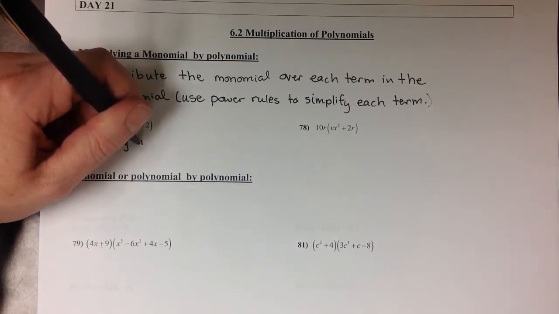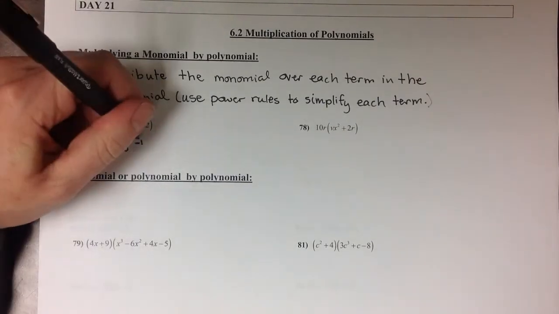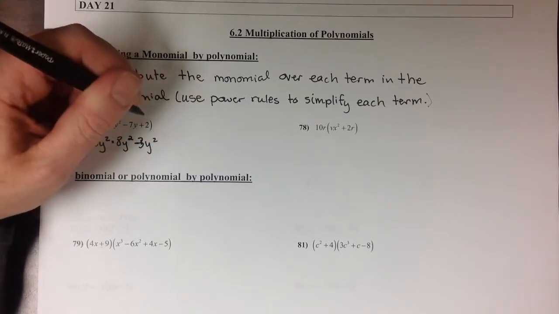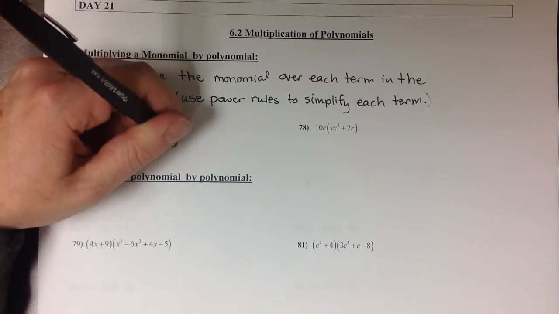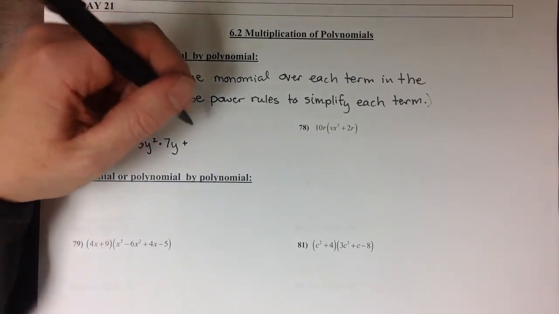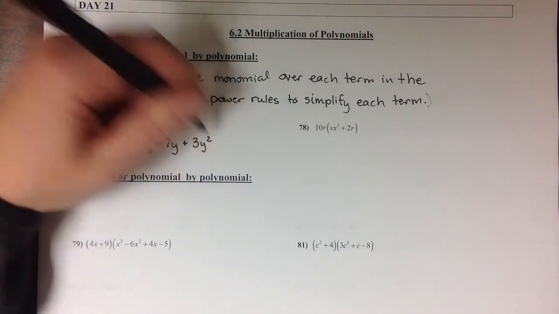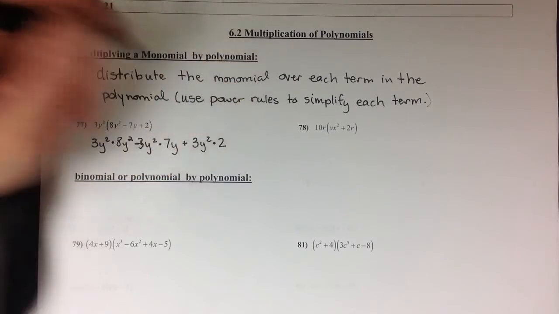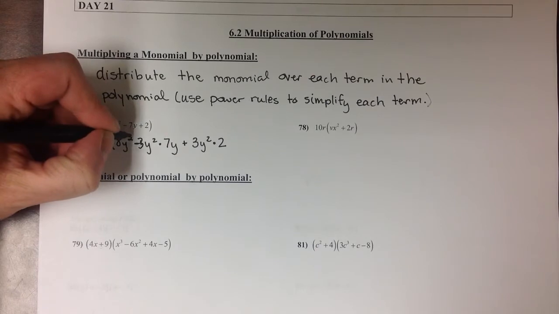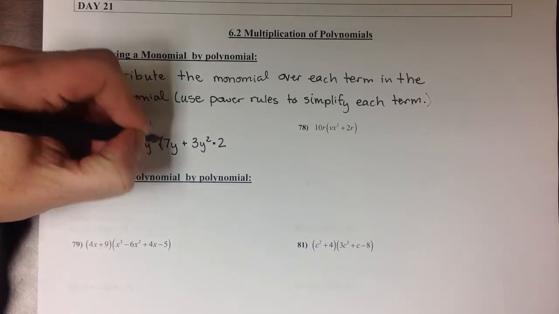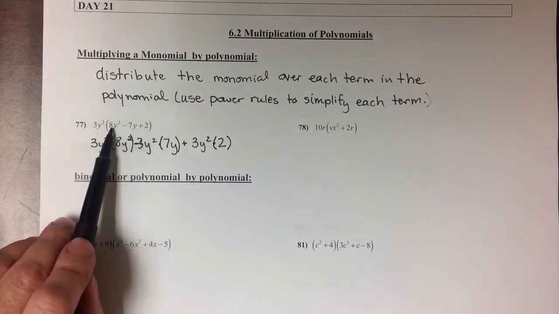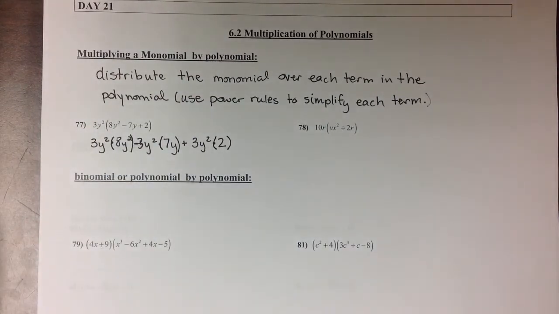Then we're going to subtract, because that's our sign there, 3y squared times 7y, and then add 3y squared times 2. So the 3y squared is getting distributed over each of these terms from that second polynomial.